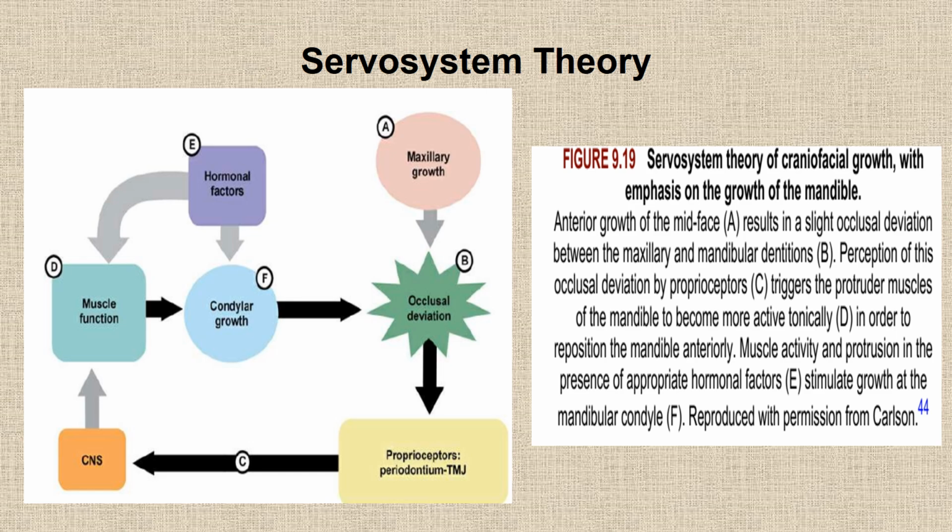Now, this further activates the central nervous system, and this has an effect on the muscle function, which causes protrusion of the mandible, and this results in condylar growth so that the occlusal deviation can be corrected. And here the system can also be influenced by other factors like hormonal factors.